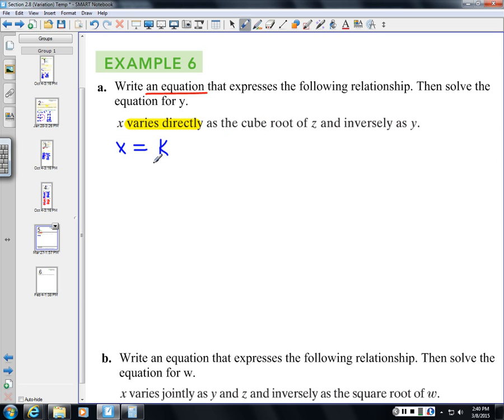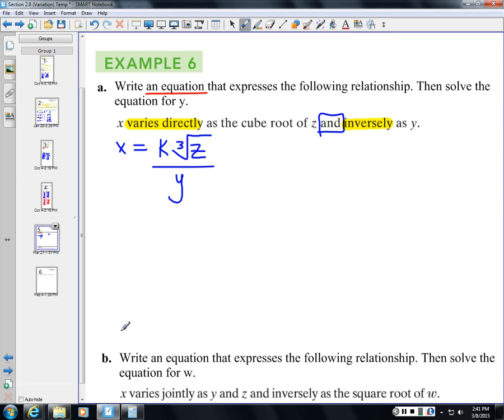It's not the cube of z, it's the cube root of z. And inversely. Inversely, whatever's behind that means we divide, it goes down into the denominator, and it's just inversely as just y.